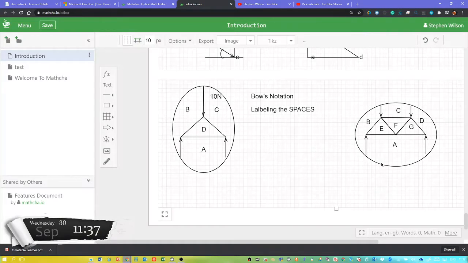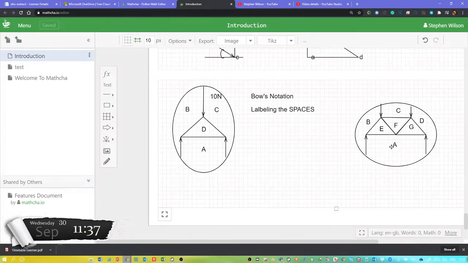If you do a bit of research on Bow's notation, you'll see it's done in various different ways, from people doing A, B, C, D for the outside spaces and then using numbers for the inside spaces, or they might go A, B, C, D for the outside spaces and then 1, 2, 3 for the inside spaces. This is the most consistent way I do it, and it works for me.